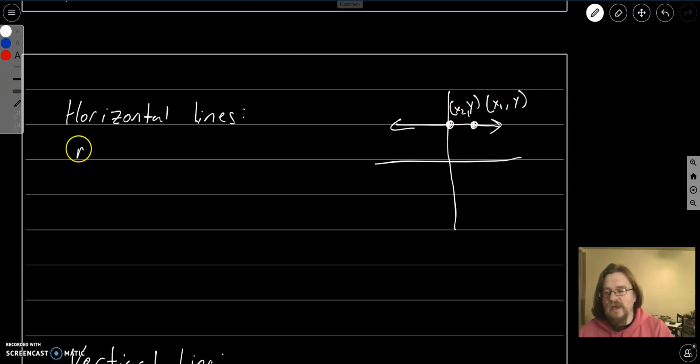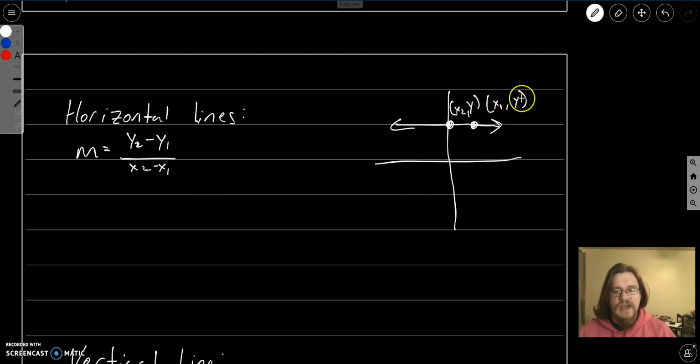So when we look at the slope being the difference in the y values, y2 minus y1 over x2 minus x1, if they have the same height, y2 and y1 are exactly the same. If you take a number and subtract it from itself, you get 0, and 0 divided by anything is 0. So a horizontal line will have slope 0.